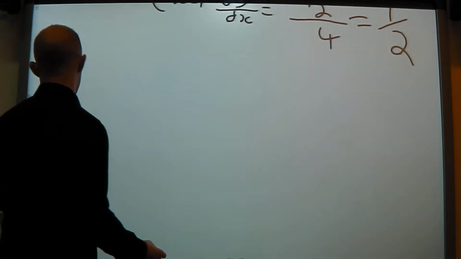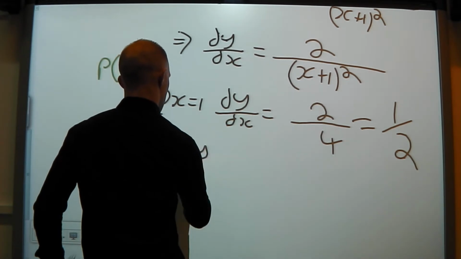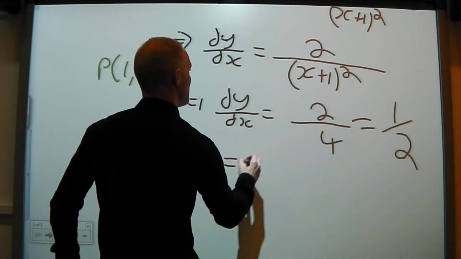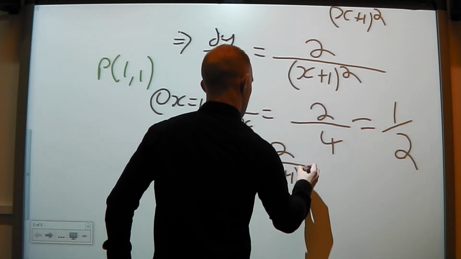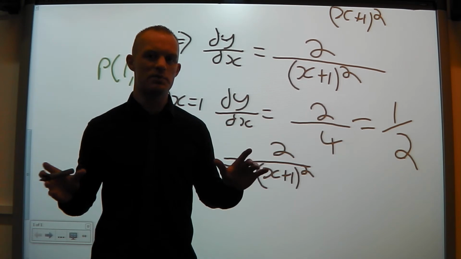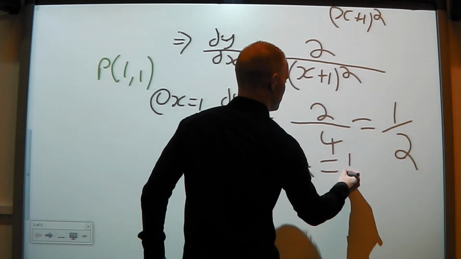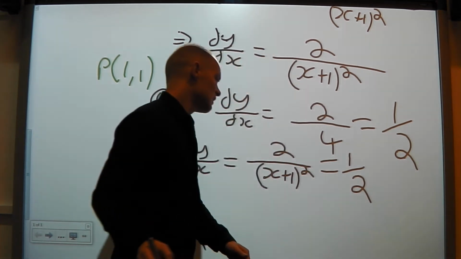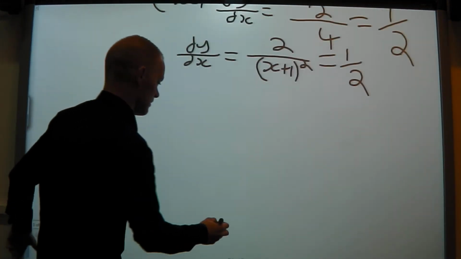So now we have our slope formula here, dy/dx is equal to 2 all over x plus 1 squared. Now we know that the slope at Q is equal to a half, so we're going to let that equal a half. That'll give us the value for x.